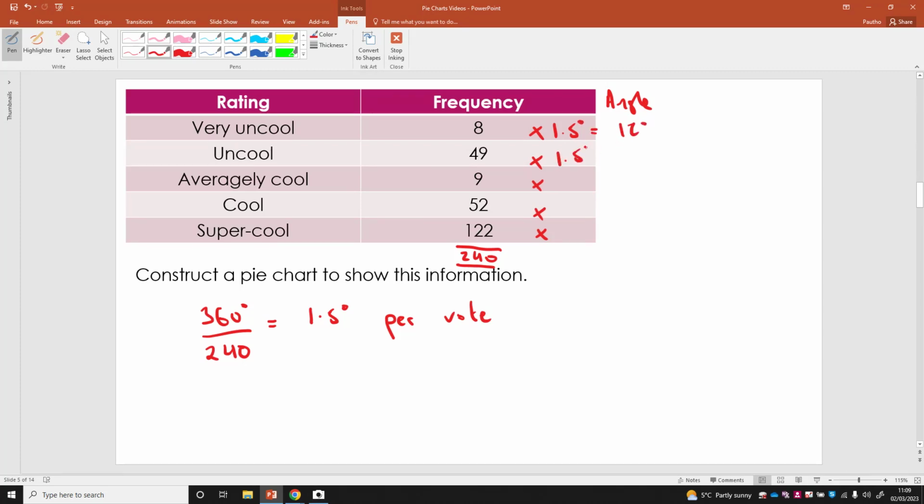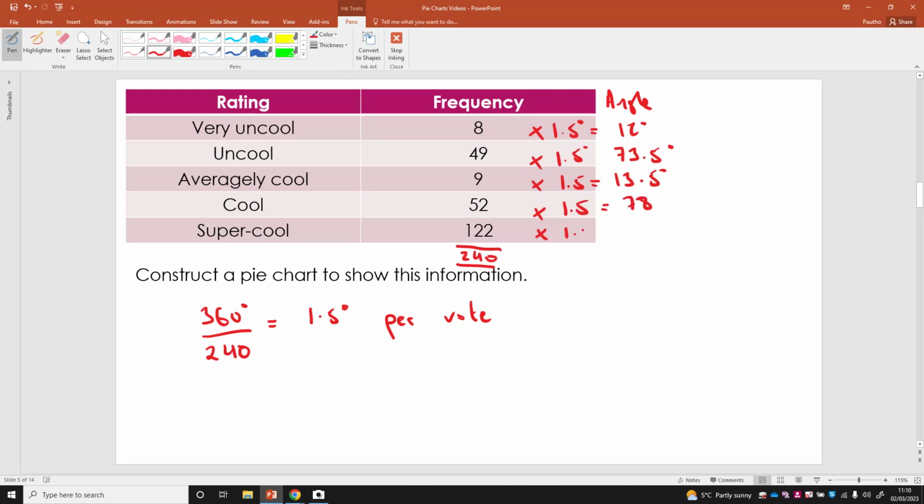49 lots of 1.5. Obviously, this will be a bit more complicated to draw, but it is 73.5 degrees. I probably would draw 74 degrees for this one because it'd be difficult to draw half a degree on your protractor. 9 times 1.5 is 13.5 degrees. 52 times 1.5, I'm hoping is 78.